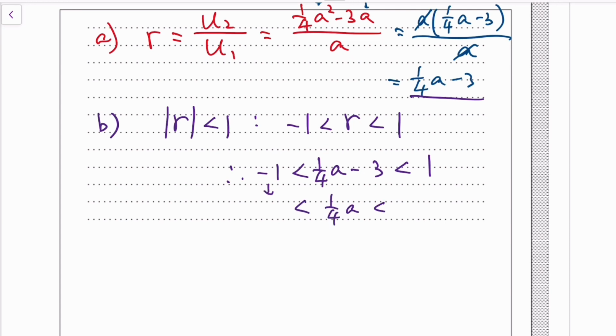Minus 1 add 3 is 2. 1 add 3 is 4. And the next step, we're going to multiply every side by 4. So 4 times 4 is 16. 2 times 4 is 8. Therefore, a needs to be between 8 and 16 for the sum to infinity to exist.